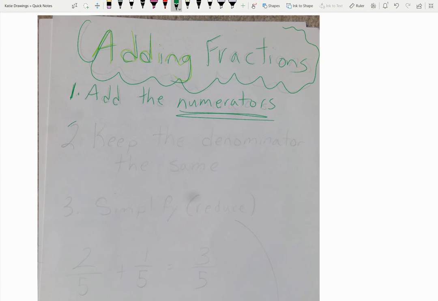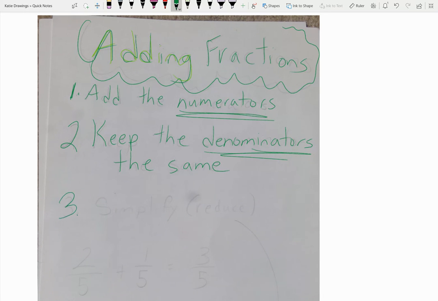But you're always going to, and this is the tricky part sometimes when we're either reviewing or just learning for the first time, keep the denominators the same. And then finally, the third step: you add the numerators, you keep the denominators the same, and you're going to simplify.